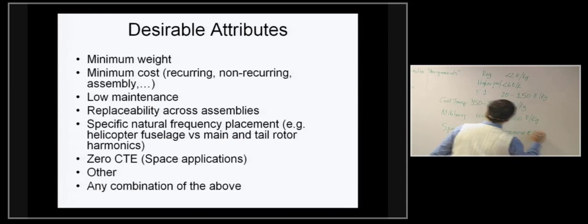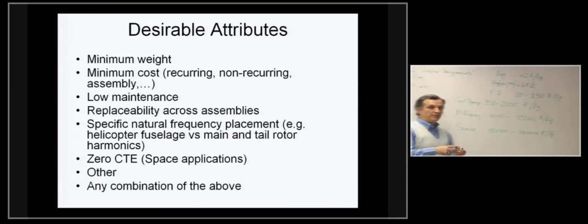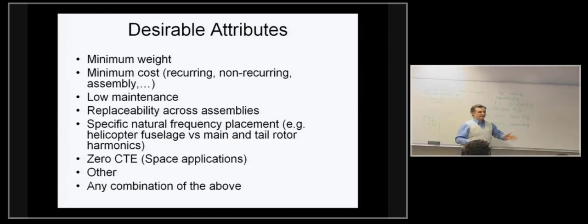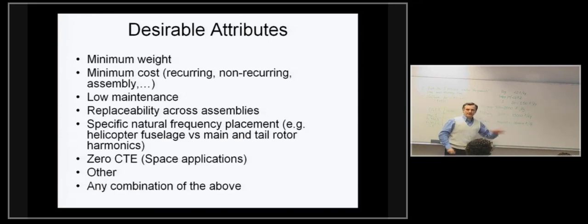Now, what usually happens is you have a program, you go through the design program, you start building, or you finalize the design and you realize most of the time that you're overweight for 10,000 reasons. The loads go up, the mission changes, your optimistic original estimates were wrong, and so on.